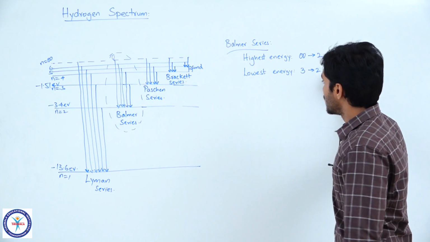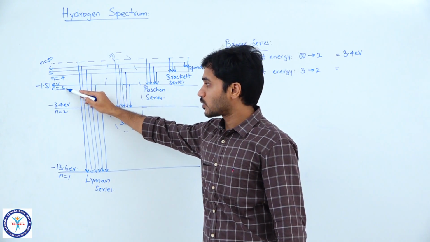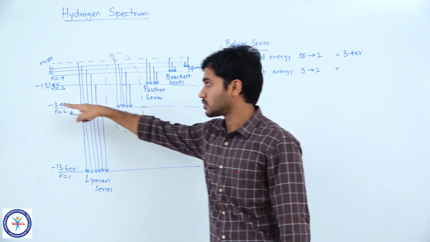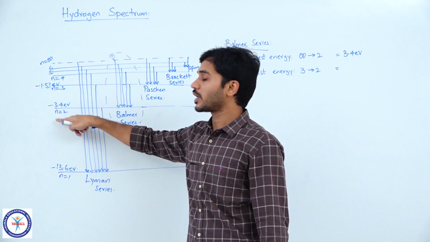And similarly, what is the lowest energy? The lowest energy corresponds to the transition from n is equal to 3 to n is equal to 2, and the difference is minus 1.51 minus (minus 3.4).